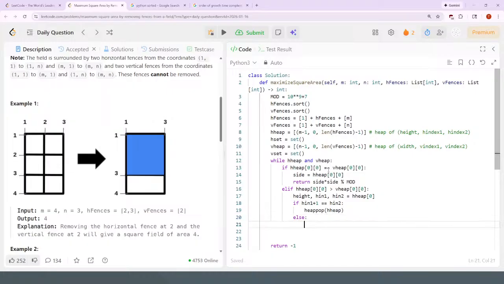I guess I can just do else here. Else, this should be fine to make 2, I think. So for instance, if it goes 1 to 4, I can either go 1 to 3 or 2 to 4.